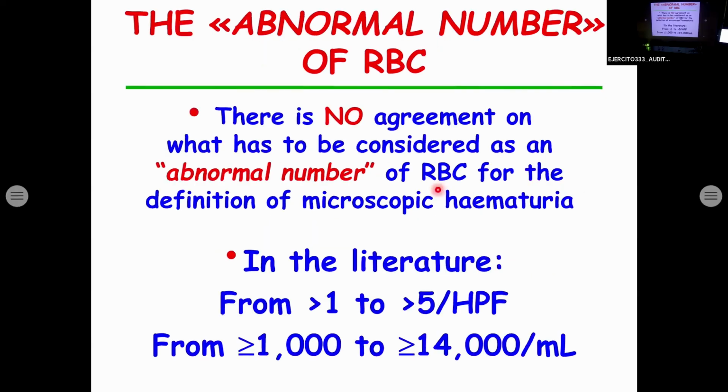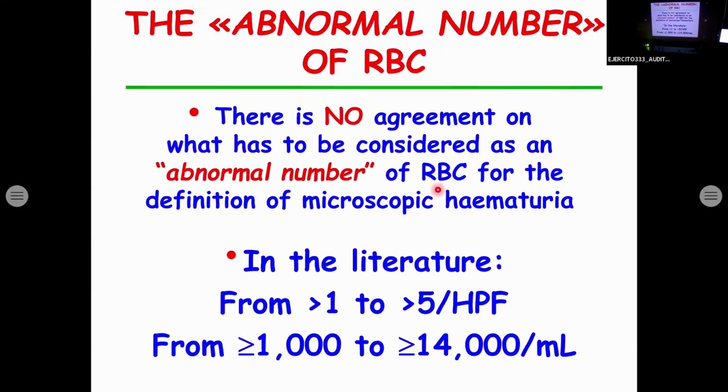What is an abnormal number of red blood cells? This is a very good question, but with not a good answer. There is no agreement on what has to be considered as an abnormal number of red blood cells for the definition of microscopic hematuria.